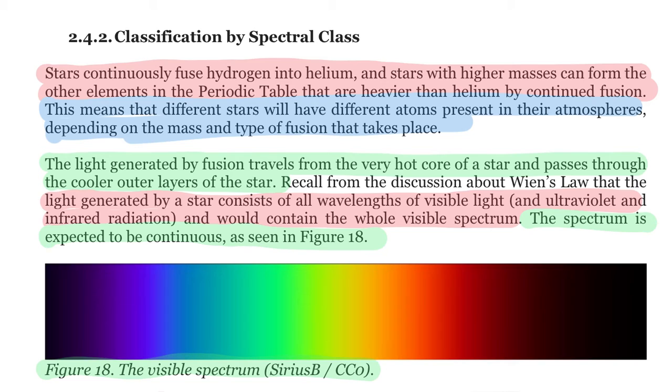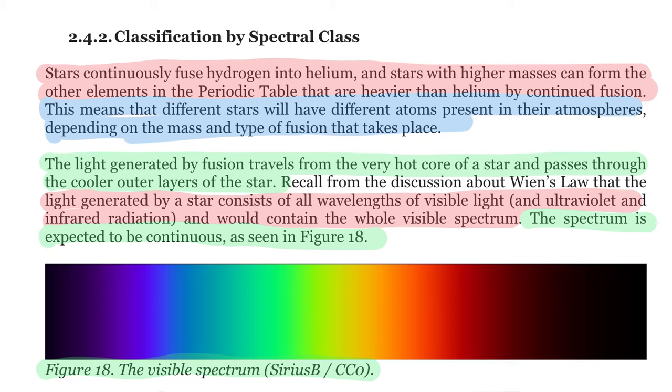And most stars have an atmosphere above the surface of the star as well. So these photons have to pass through all of these layers before they leave the star and go out into space.